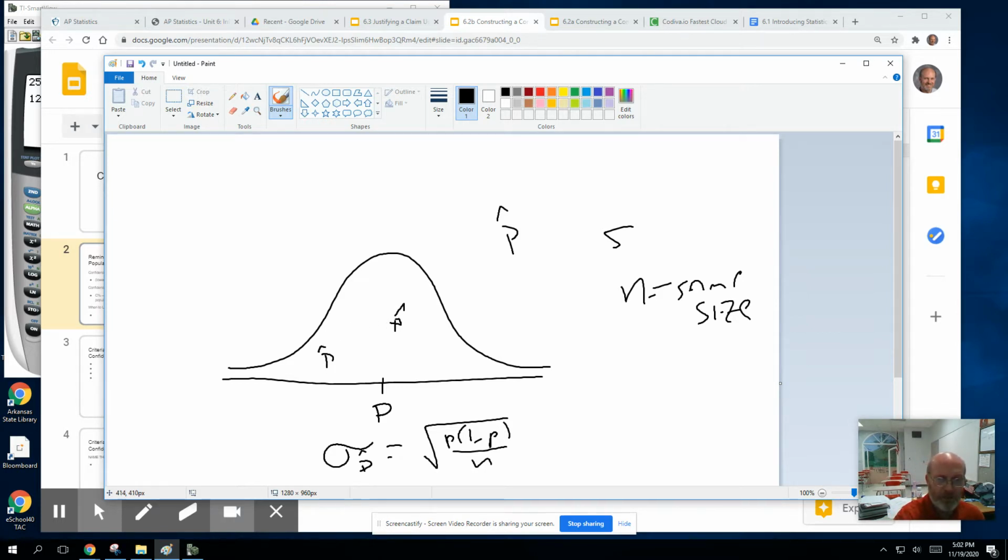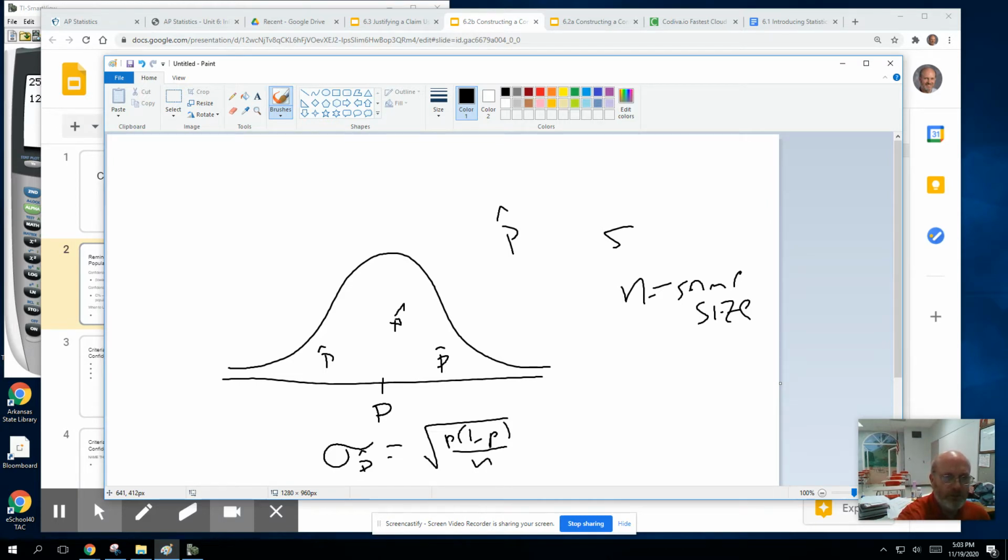When we do a 95% confidence interval, we are estimating that approximately 95% of every possible confidence interval we can construct from the sampling distribution is going to contain the true population parameter p.